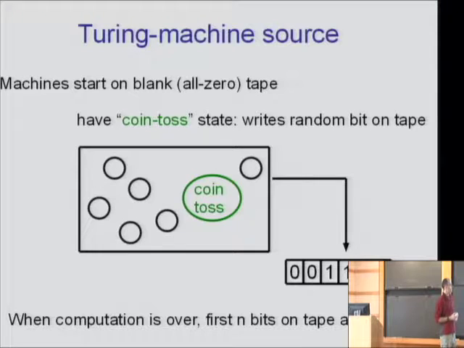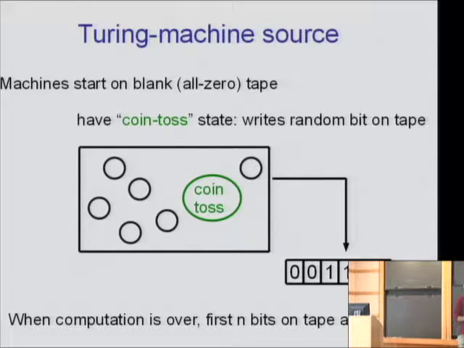Can anyone see in 3 seconds an extractor for this source? Zev: Can you first write the random string somewhere, then compute some function of it and write it in the first n bits? Compute some function. Just note this has a bound on time, of course, about n squared, which is the best that we can afford.